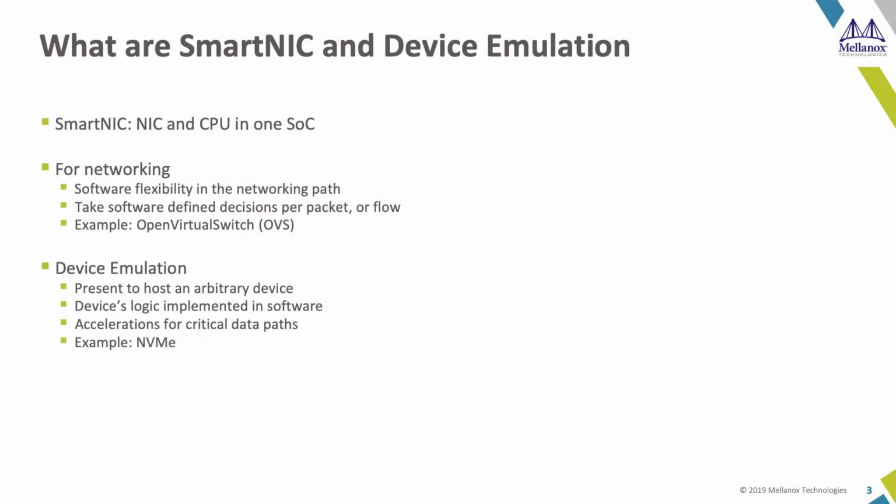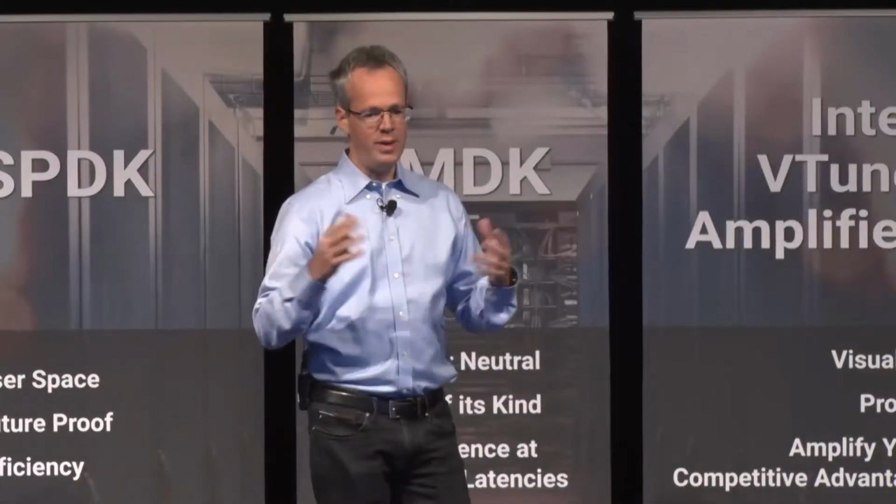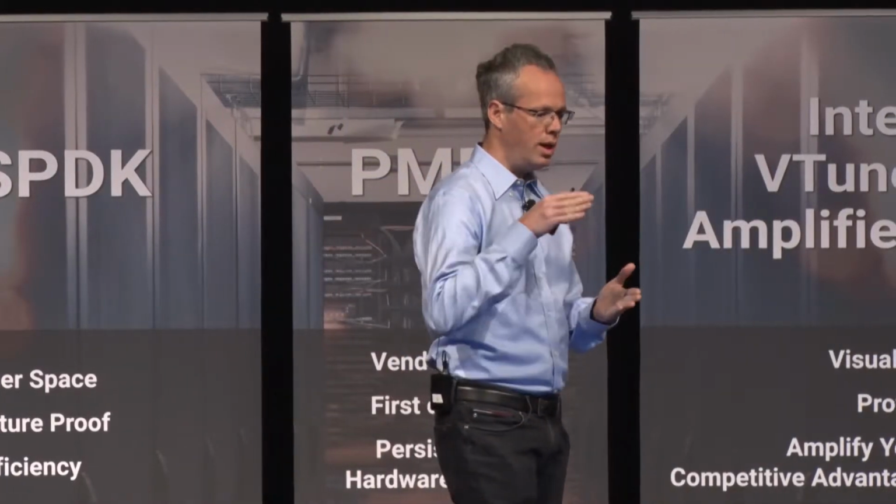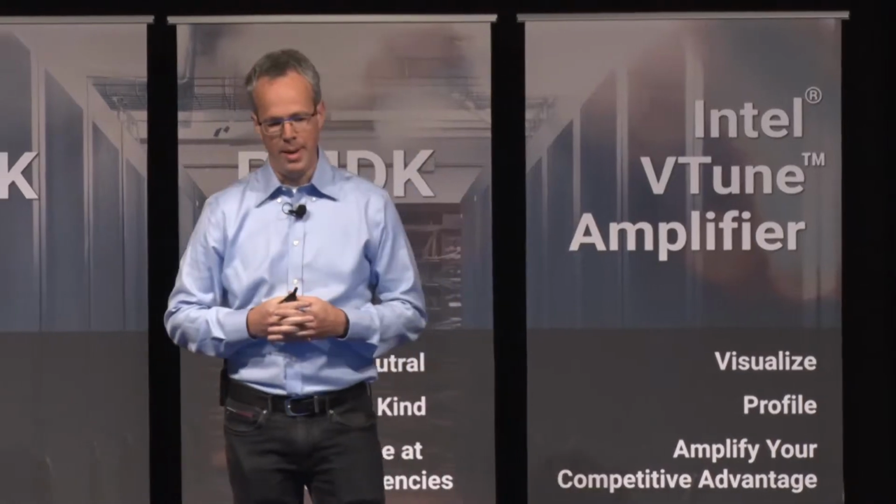So let's start with a SmartNIC. What is a SmartNIC? A SmartNIC is a network interface with some CPUs inside it, in a SoC, a system on chip. So you have a network interface, and you have the ability to run some software inside it and do some stuff with the network.